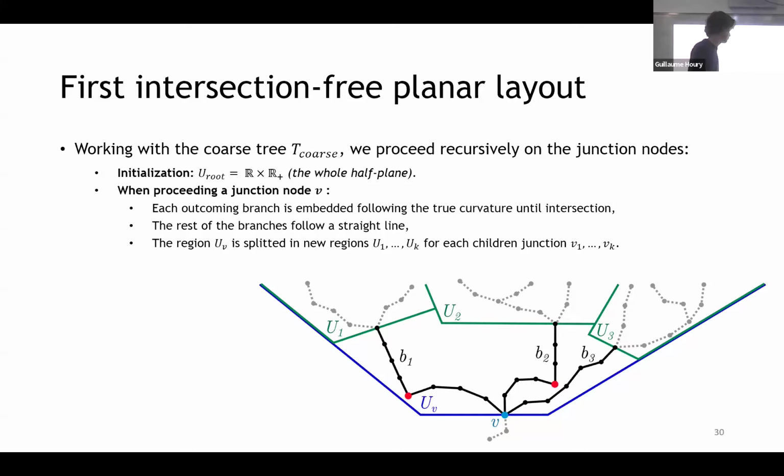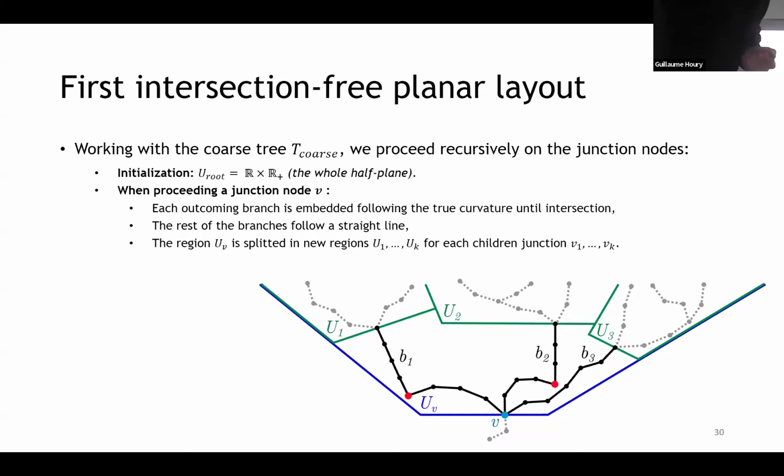If we make sure that these branches do not overlap together and remain correctly in the box, this ensures that we can embed the next generation of subtrees independently without looking at what is happening elsewhere, and still ensure that everything will be intersection free at the end.